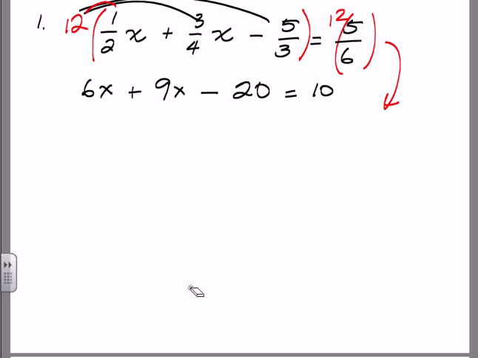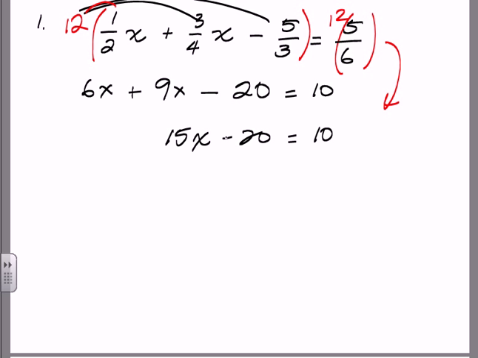Okay, so let's get some space here. So now, whoo, you like the way this looks better than the previous one. So let's see how long it takes us to do this. So we've got, cleaning up the sides, 15x minus 20 equals 10. We want to get that 20 on the other side, so we add 20 to both sides.